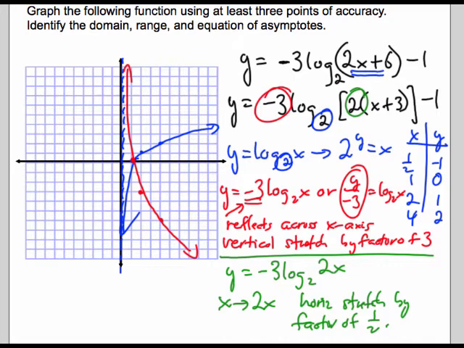So all of my x values have to get multiplied by 1/2. So this point right here, half of its x value would be 1/2. If x equals 2, then half of its x value is 1. And if x equals 4, half of its x value is 2. So the graph is going to push inwards towards the y-axis.